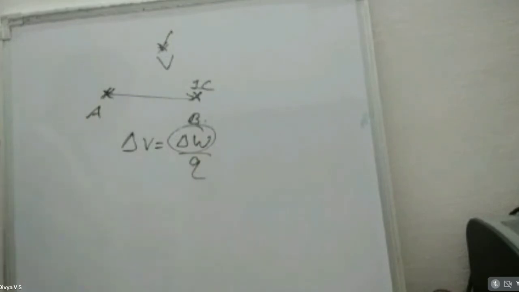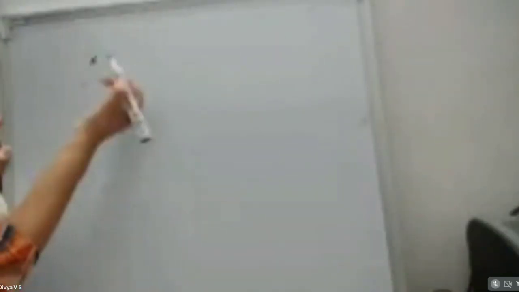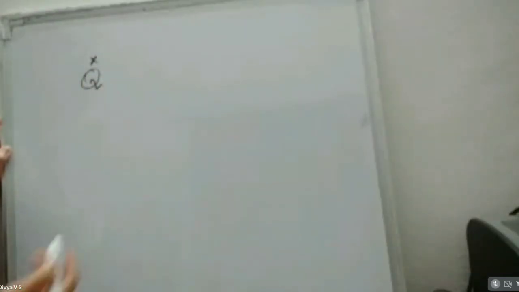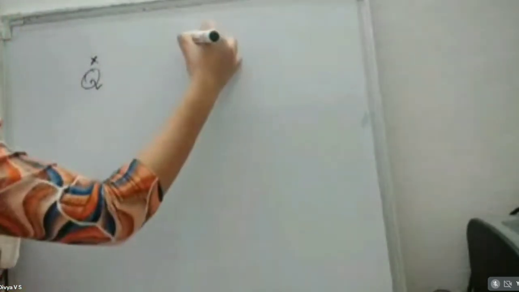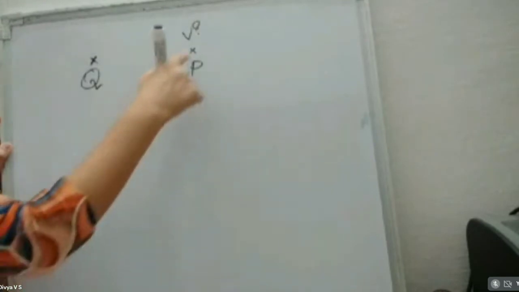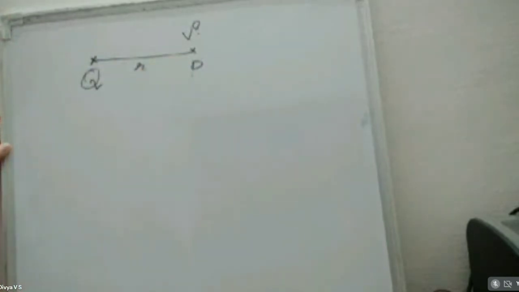Now, we are going to derive one expression for electrostatic potential due to a point charge at a particular position. We are going to derive the expression for potential due to a point charge. So, at this position, we have a point charge of value capital Q. And we are going to derive an expression for potential at this point P, which is at a distance of R from the charge.